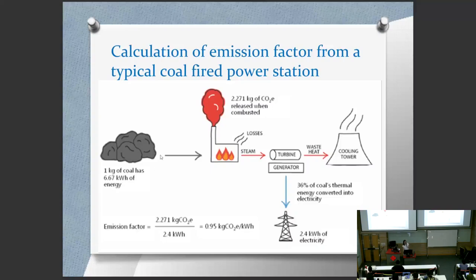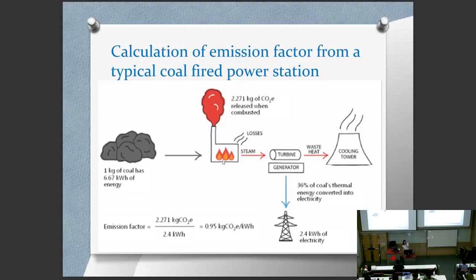So when you burn the coal in the power plant, it will produce the steam, and the steam will drive the turbine, and the turbine can generate electricity, and the electricity will be sent to the consumer through the electricity grid system.